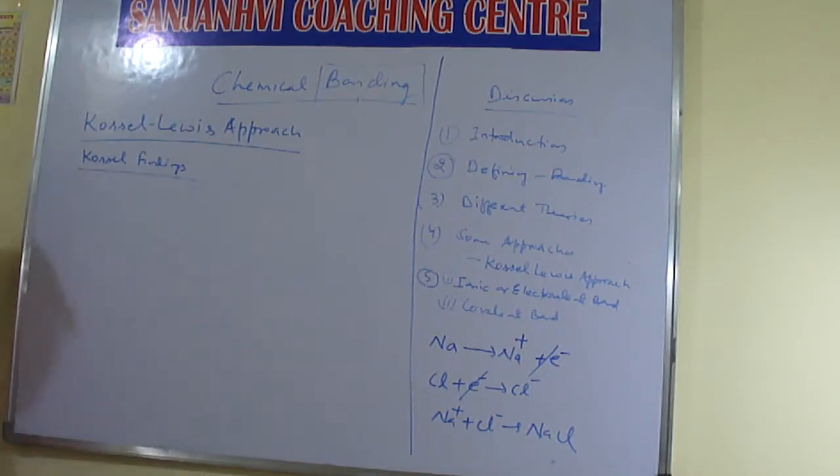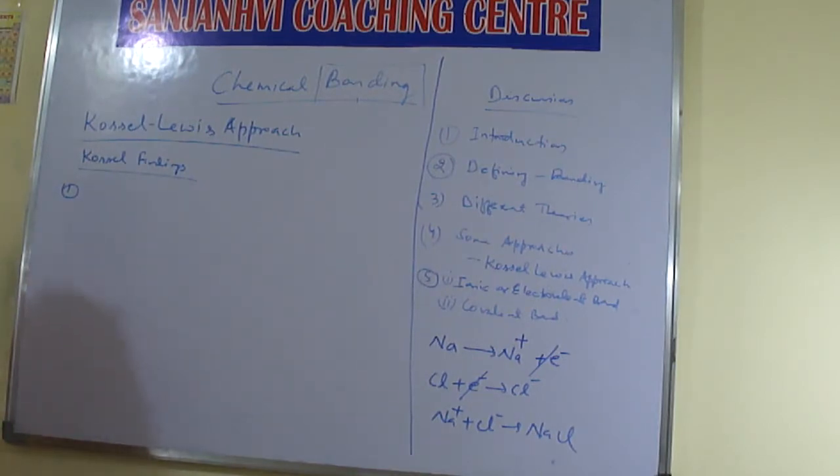Kossel's finding was that the first group is the most electropositive and the seventh group is the most electronegative, and these two are separated by noble gases. How are they separated by noble gases? The sum of these two will always take you to noble gas configuration.